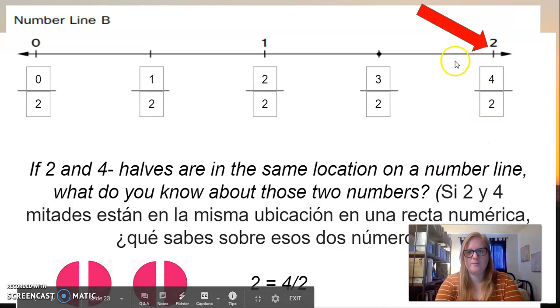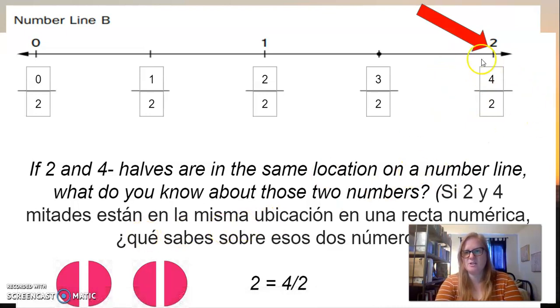Okay, so I wanted to draw you a picture and also show you that that's why it's 0, half, 1, 3 halves, 4 halves.